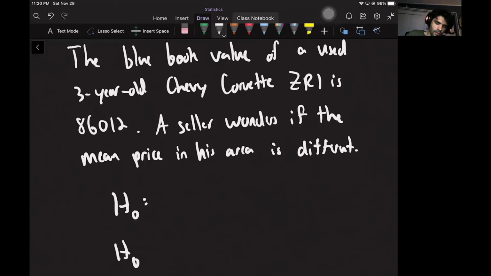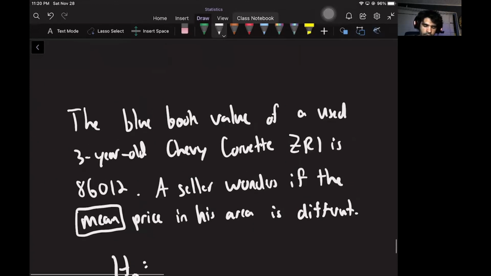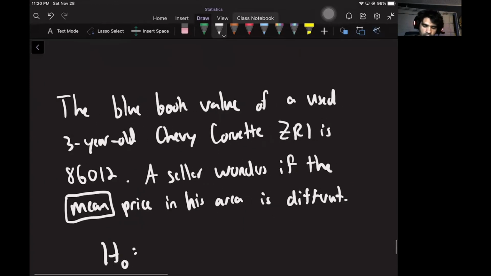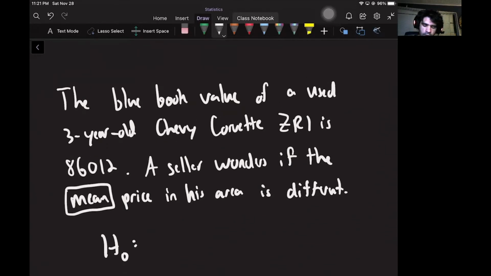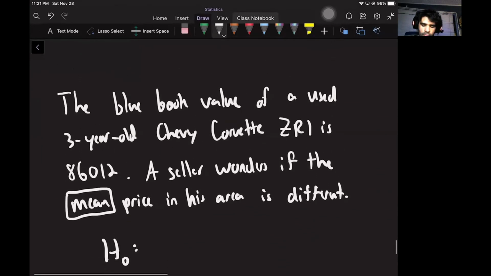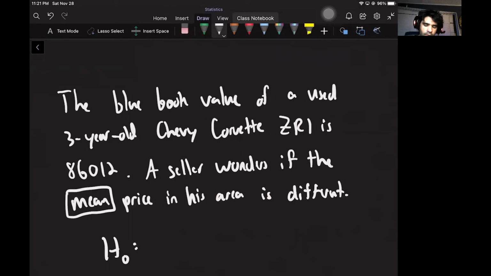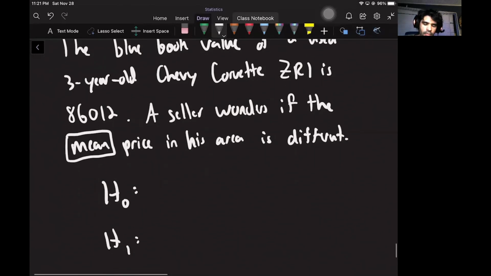So in this situation, the null and the alternative hypothesis are no longer talking about proportions. Instead, we're talking about means. So we're looking at the average. So what is this researcher, what is this seller assuming is the actual average price, and what is the seller trying to see if it's different around themselves. Well, the seller is assuming that the Kelley Blue Book value is the correct price, the correct mean price.